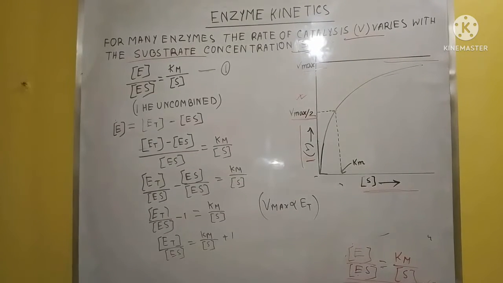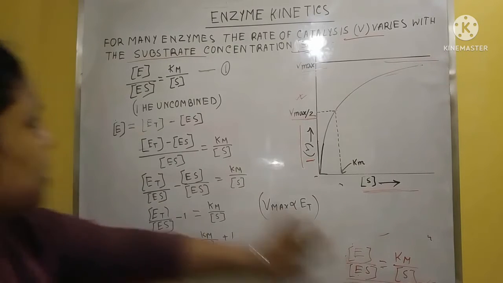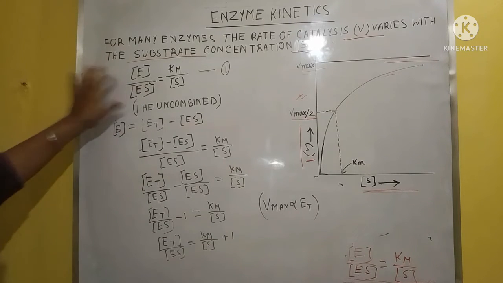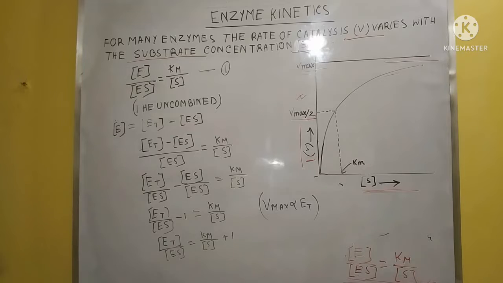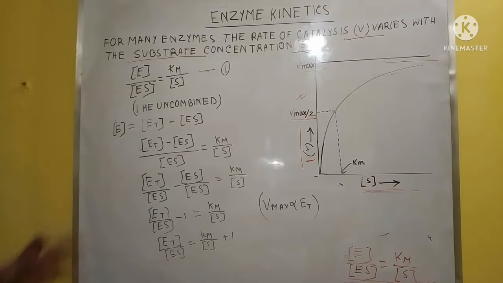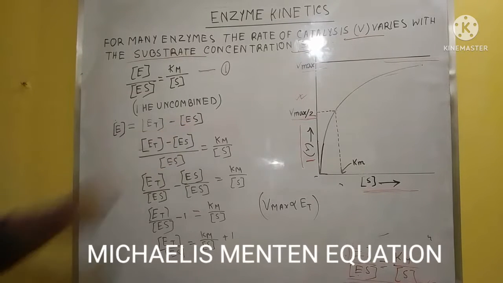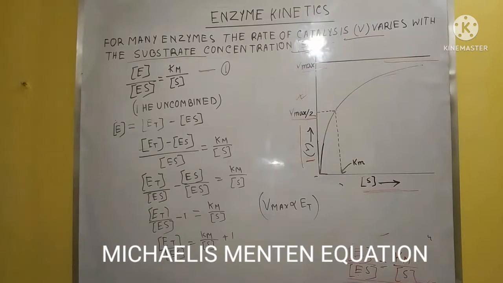Now I just write this equation here. Now we know the uncombined E concentration. How do we calculate it? That is the total enzyme concentration minus the concentration of the ES complex. Clear?